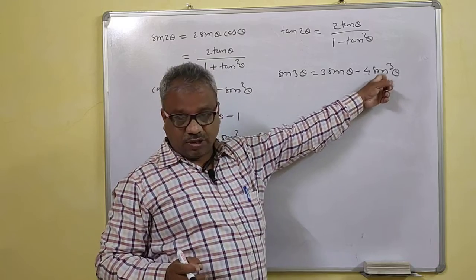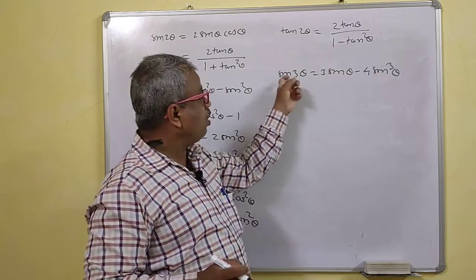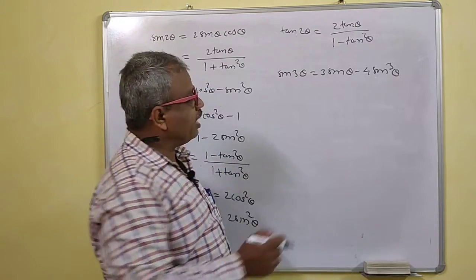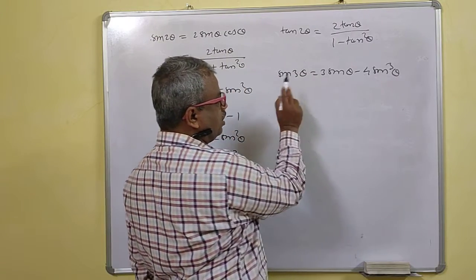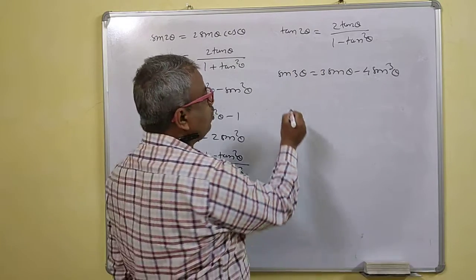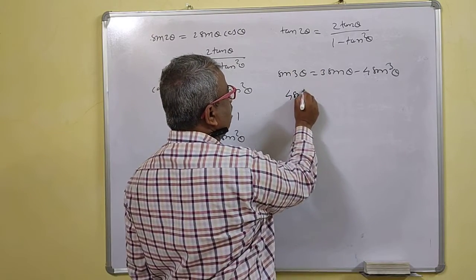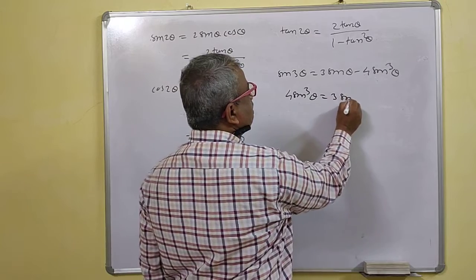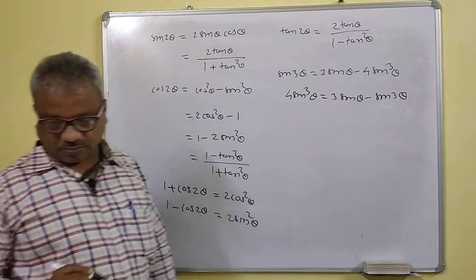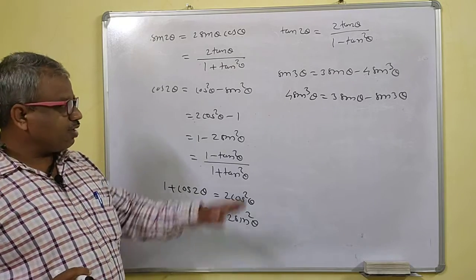Now see here, there is sin cube. So if you don't want the power, how can you write? We shift this 4 sin cube theta to this side, and we shift the sin 3 theta to that side. So what we get then is 4 sin cube theta equal to 3 sin theta minus sin 3 theta. Now you can divide by 4.